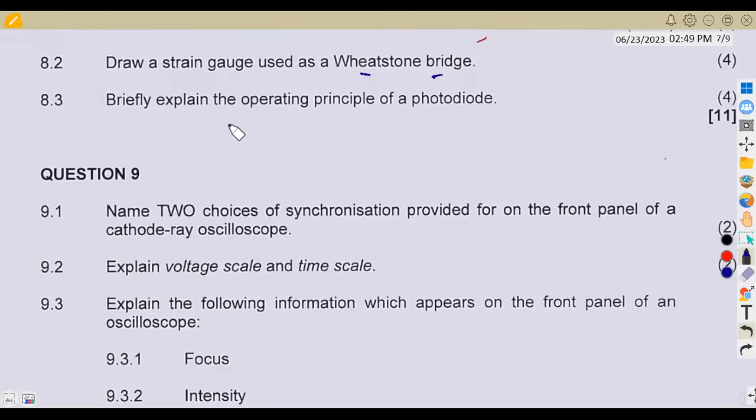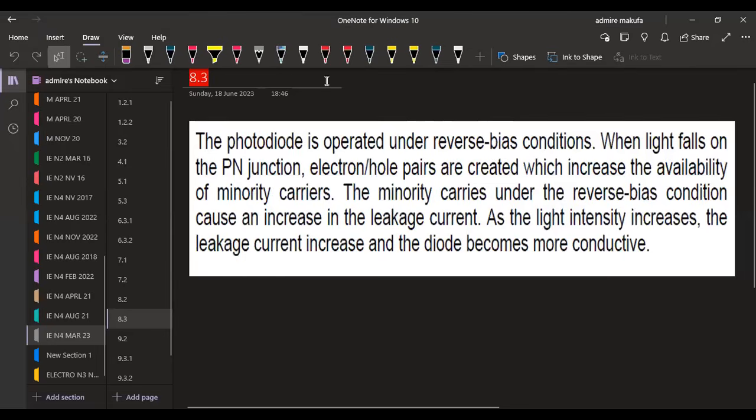Then 8.3, briefly explain the operating principle of a photodiode. We are given the type of diode that we are dealing with, which is a photodiode. Remember that a photodiode is operated under reverse bias condition.